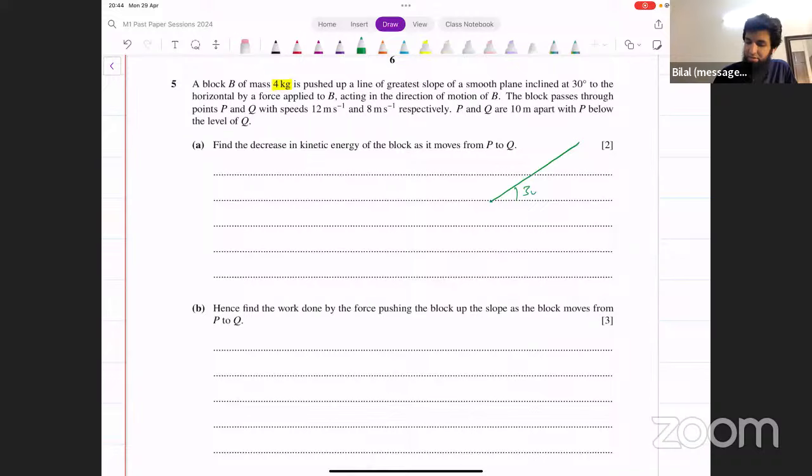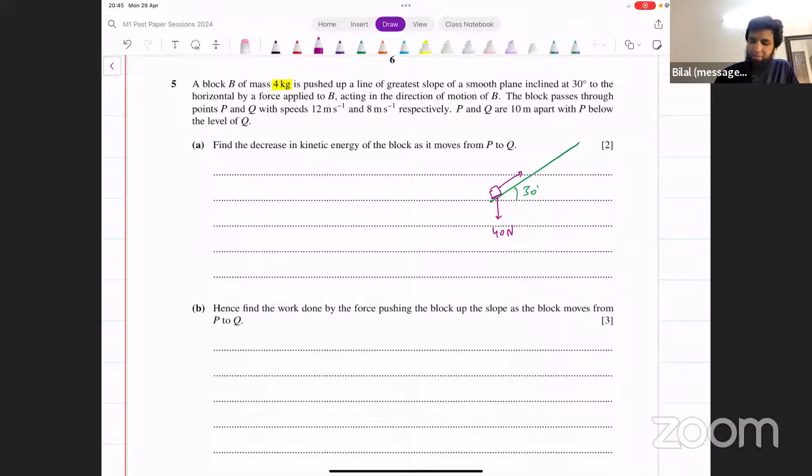This angle is 30 degrees. This block is being pushed up the plane. Its weight is 40 Newton.